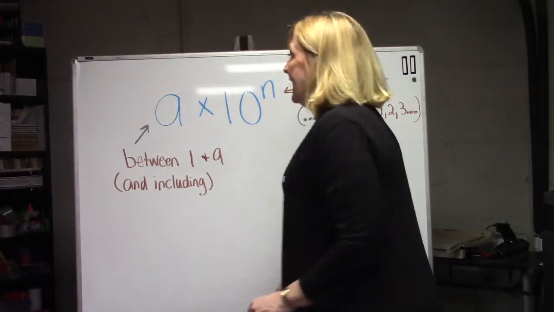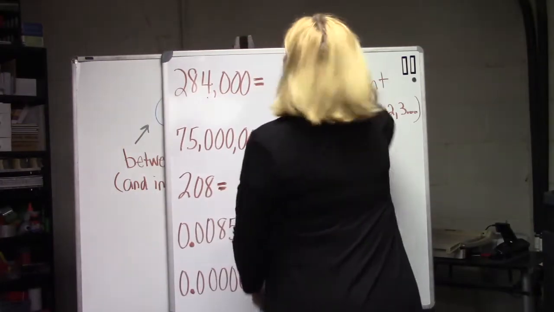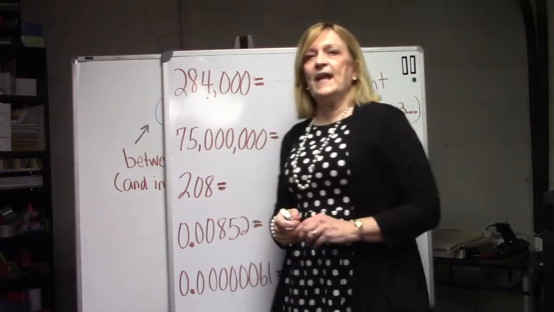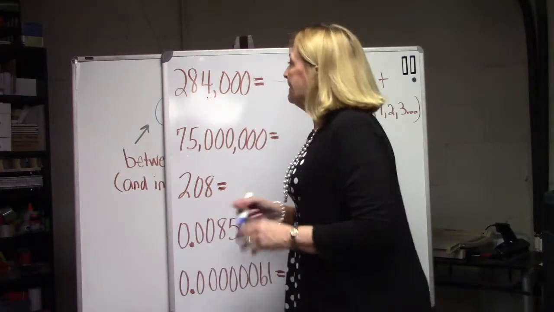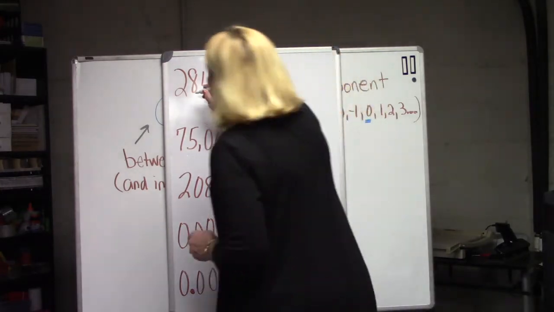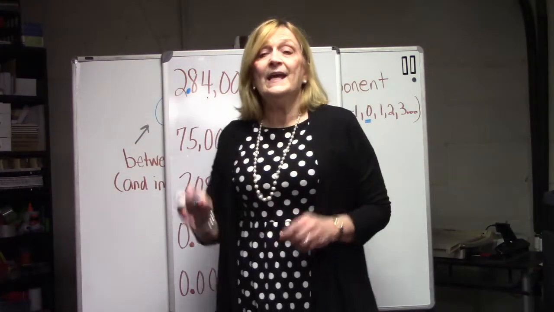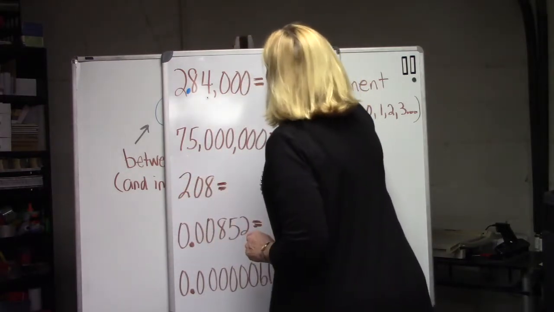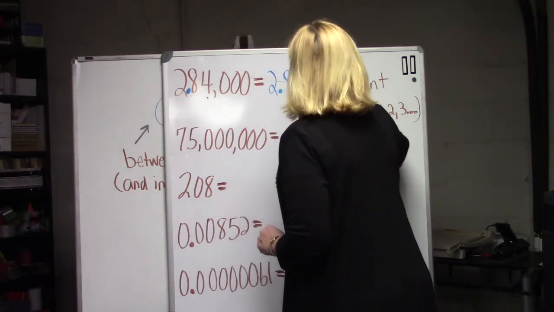Alrighty, we're going to try a couple, and I'm going to put a board up here, and I'm just going to show you what I mean. So, my first digit has to be between 1 and 9, including 1 and 9. So I'm going to put my decimal point right here, because 2 is between 1 and 9. All right? So my answer is going to be 2.84 times 10.